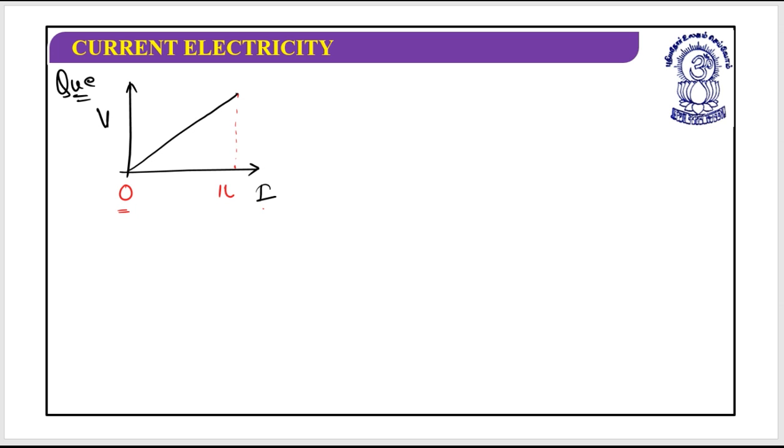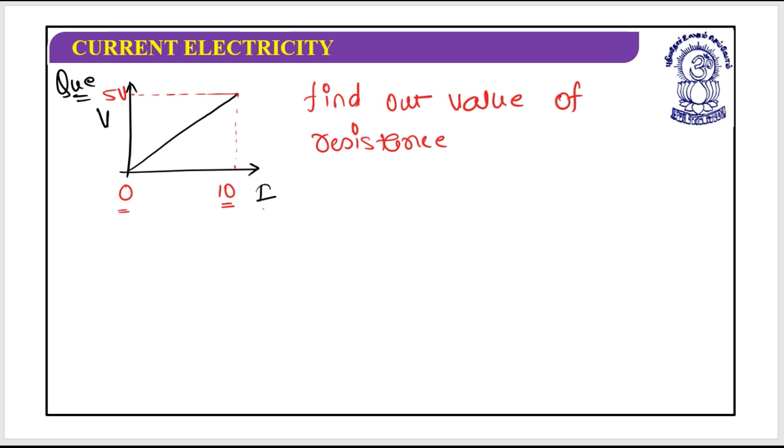This is I, this is 10 ampere, this is 5 volt. So what they asked is to find out the value of resistance for the given graph.